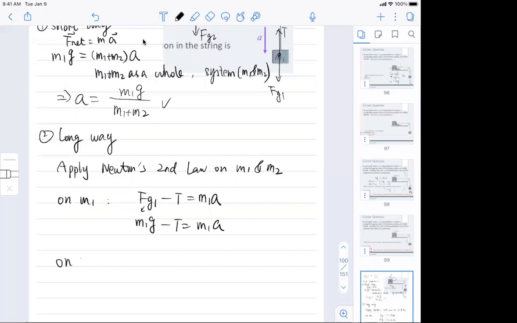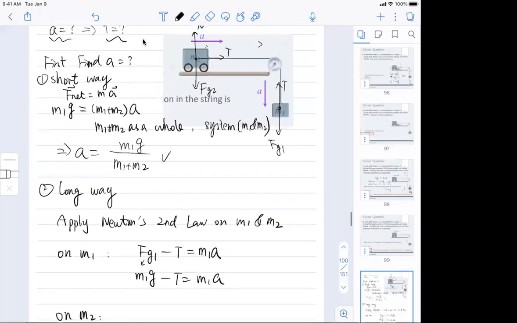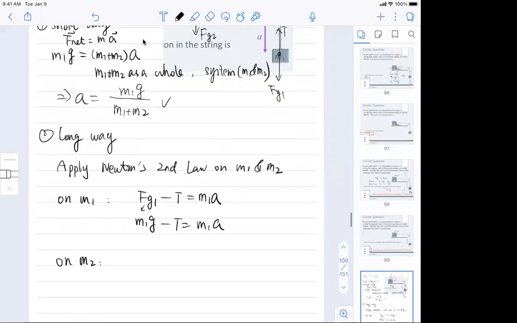Now let's apply Newton's second law on M2. I have only tension. Tension is the net force accelerating mass 2, so tension equals M2A. So I have two equations, 1 and 2.